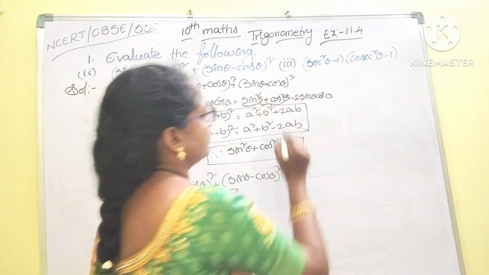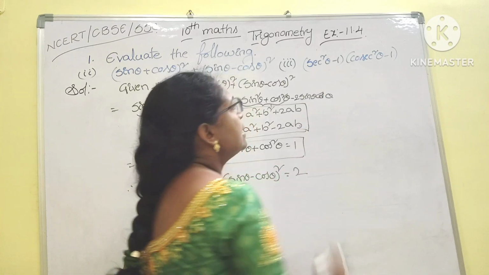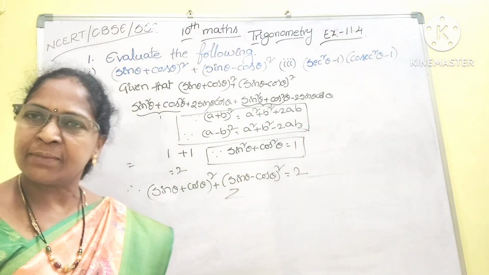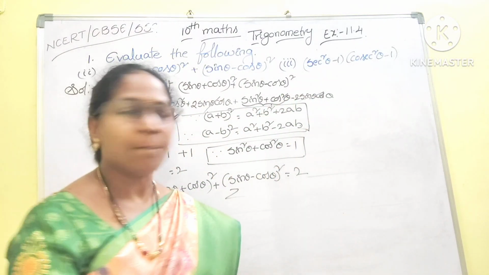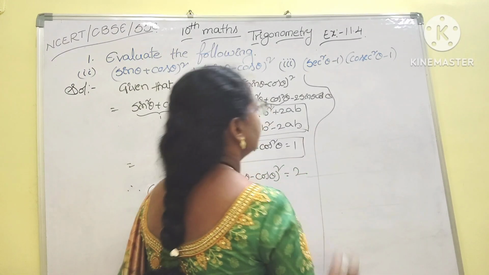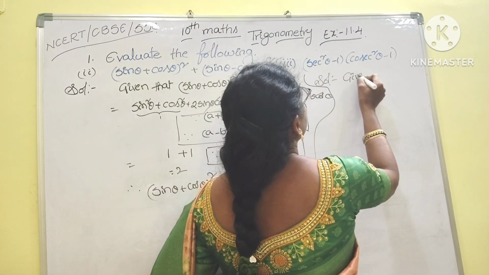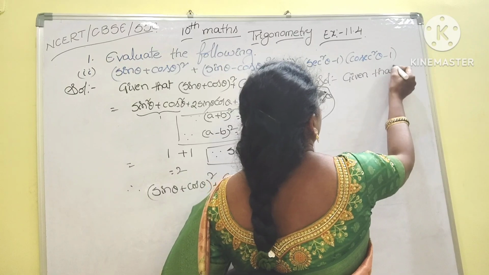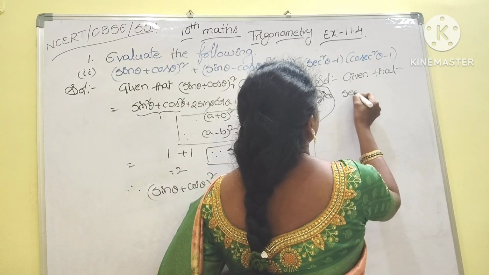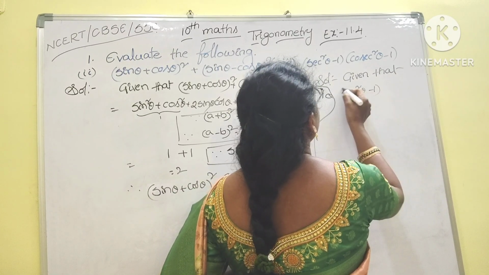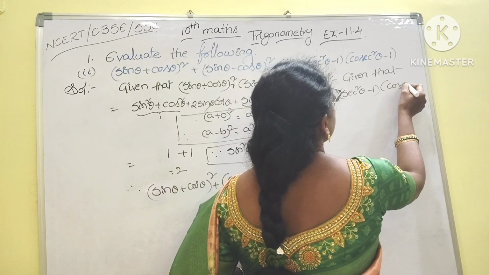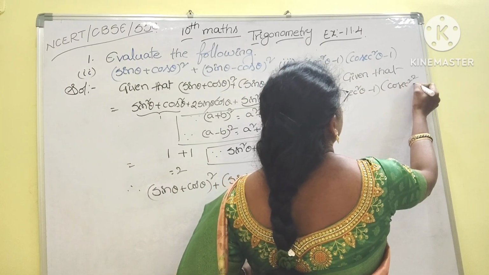And next one here, third one is secant square theta minus 1 into cosecant square theta minus 1. Now here, given that solution, secant square theta minus 1 into cosecant square theta minus 1.